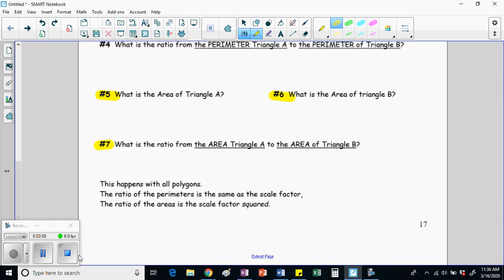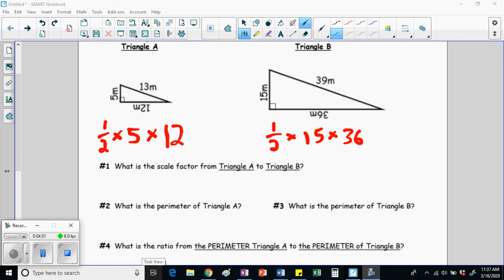And here's why. Here's how we calculate the area for each of them. 1/2 times 5 times 12, 1/2 times 15 times 36. But to get from the 5 to the 15, we got 3 times bigger. It's being multiplied by 3. And to get from the 12 to the 36, it's also 3 times bigger. So our area gets multiplied by 3 and then by 3 again.